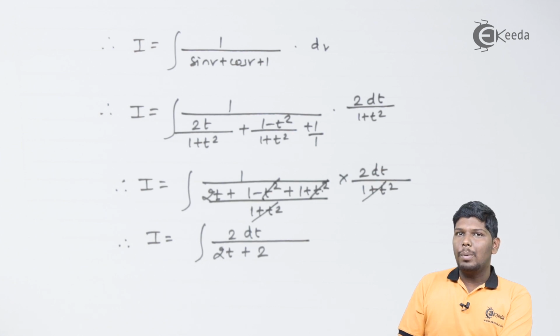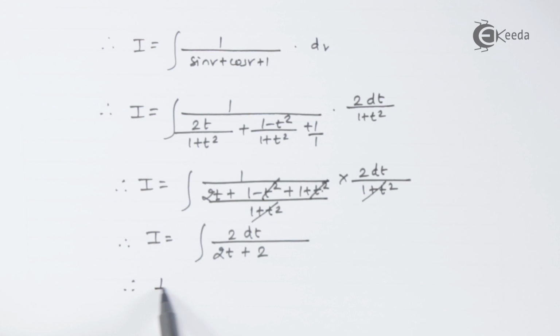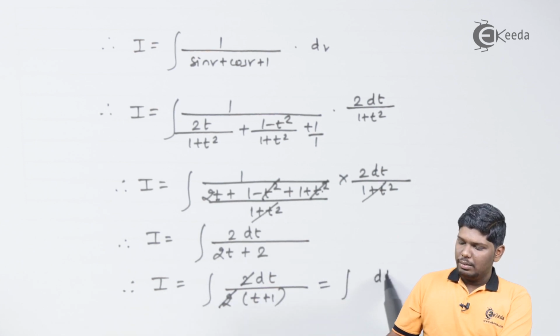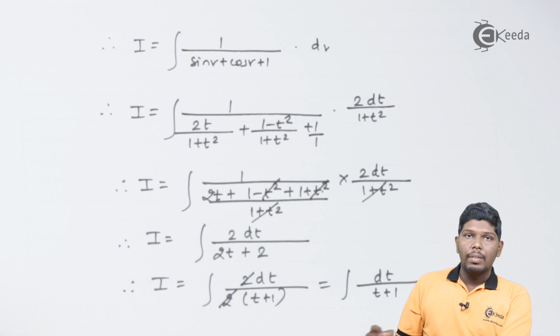Also, you can take 2 common from the denominator such that 2 will be cancelled. As you can see, after cancelling 2, the remaining part will be integral dt upon t plus 1. So let us substitute the value of I in equation number 1.